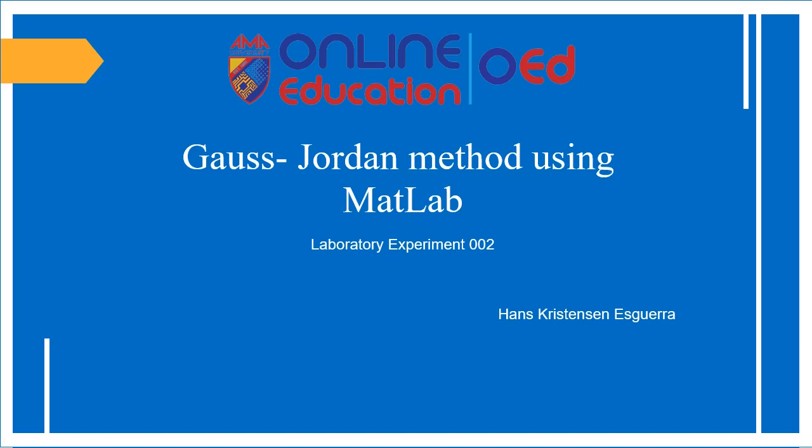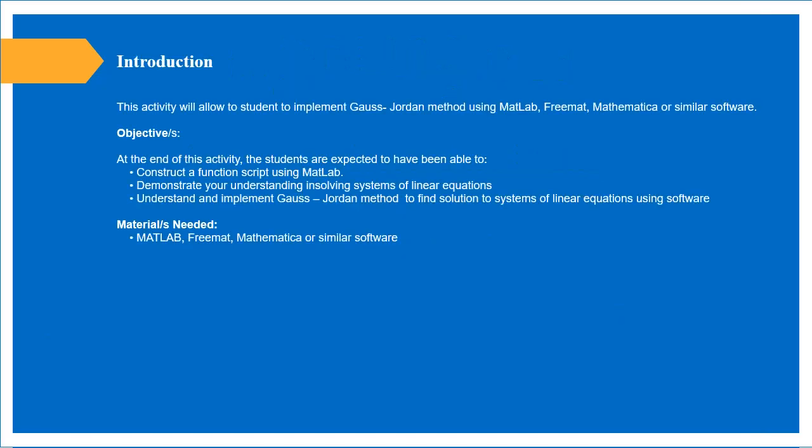We are now on experiment number 2, Gauss Jordan method using MatLab. This activity will allow us to implement the Gauss Jordan method using MatLab, Freemat, Mathematica, or similar software.